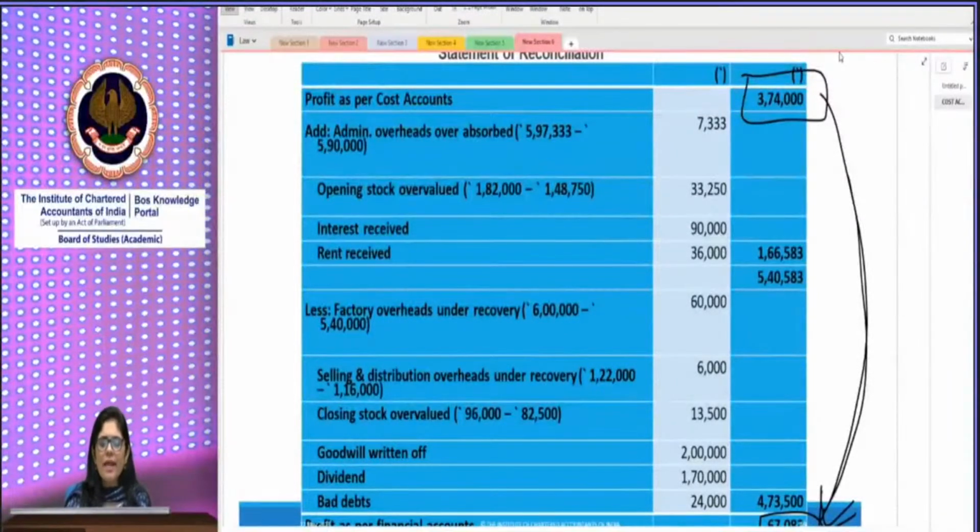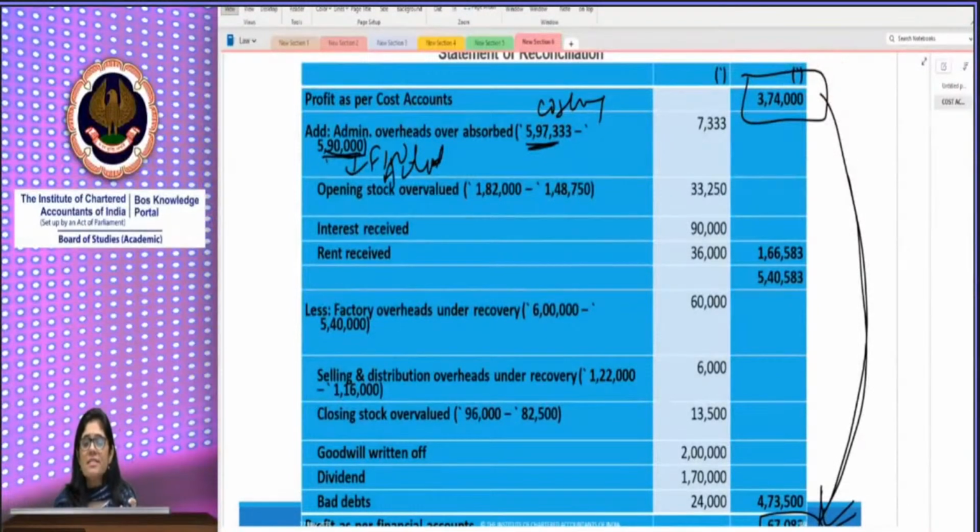So admin overhead. See, look here. This is the costing overhead and this is the financial overhead. Clear? Just see which amounts are different. Admin overhead absorbed in costing was 597,333. In finance, it was 5,90,000. That means in costing, you have over absorbed. You should have absorbed 5,90,000, which is actual, but you have absorbed 5,97,333.